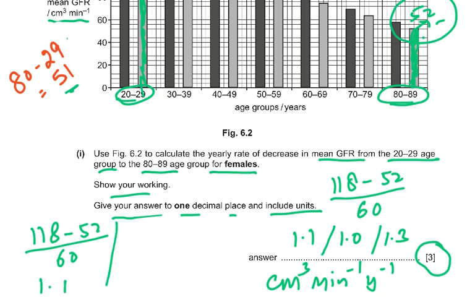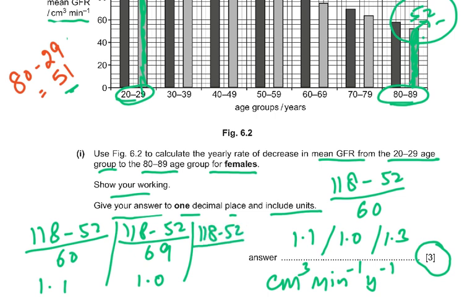Or if you said 118 minus 52 divided by 69, then the answer was 1.0. Or if you said 118 minus 52 divided by 51, then the answer was 1.3. So any of these answers if you had given me, but you must know it. What did it say? Calculate the yearly rate of decrease.